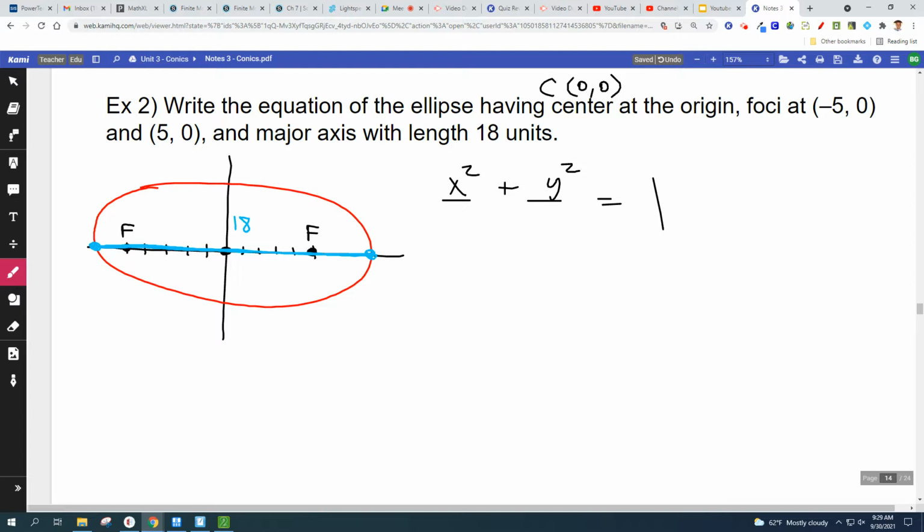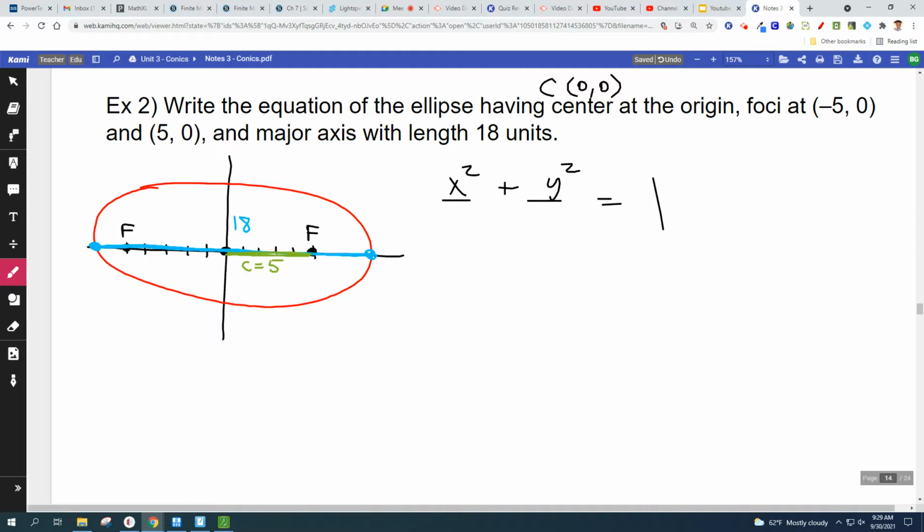All right, so let's look at what they give me. This distance right here is 5, right? And the distance to the focus is the letter C. I know that C equals 5 based on what they told me.